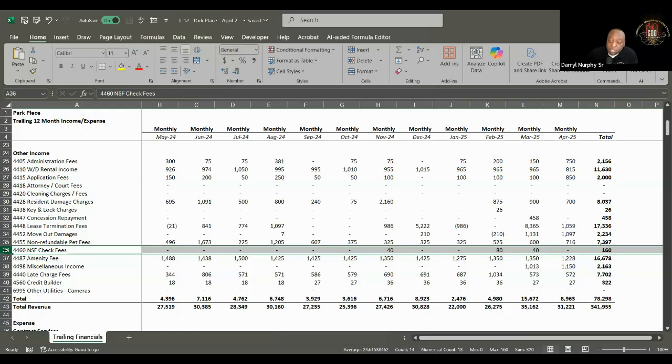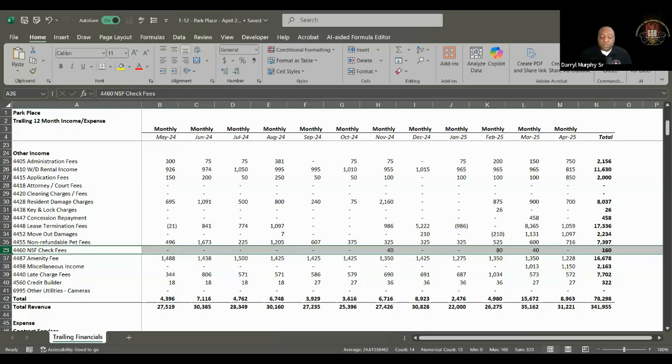You could pay through Zelle, you could pay through Cash App, you could pay through the system that we happen to have in place, but we will not be accepting checks nor money orders. That right there just eliminated the check fees, the insufficient fund fees. So that's going to be a zero.